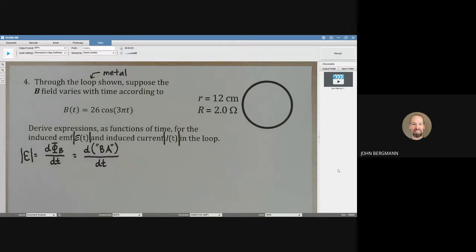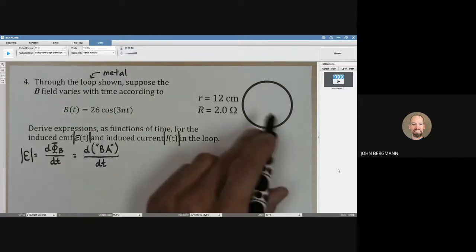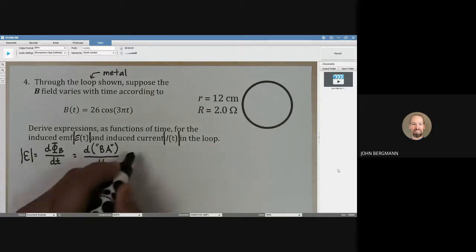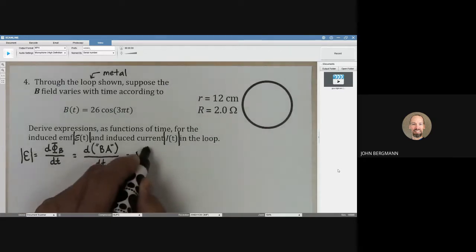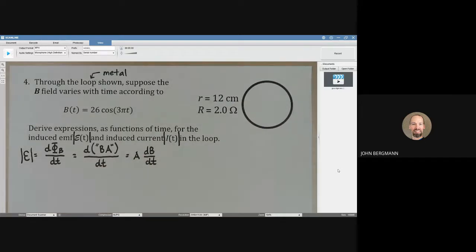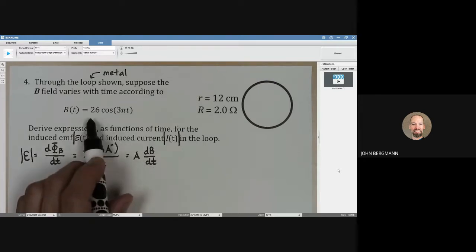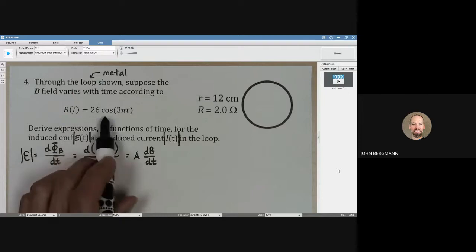The A here is constant, and so I can pull that outside, and then by the magic of calculus we can rewrite the rest of this to look like so, which allows us to say, I think we just need to take the time derivative of this magnetic field expression.